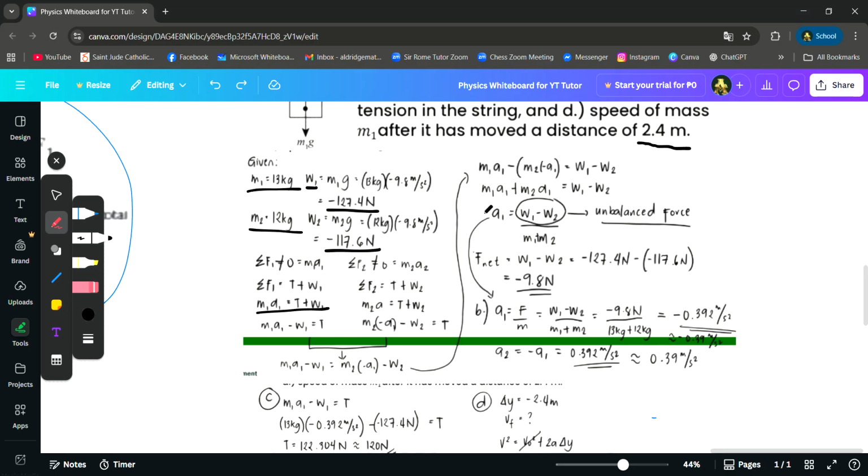Since there's a negative in the acceleration, we can turn the negative in front to positive.